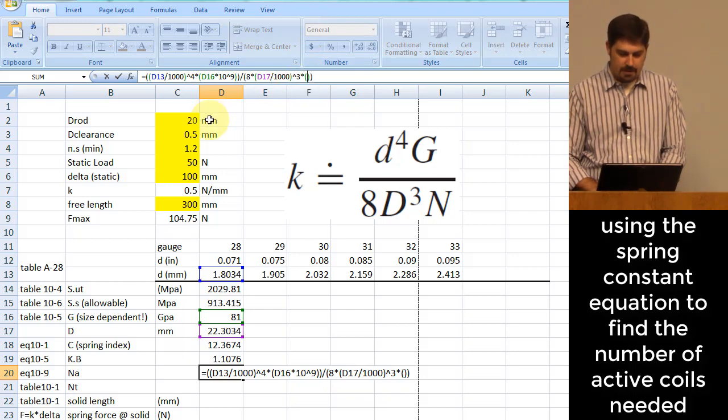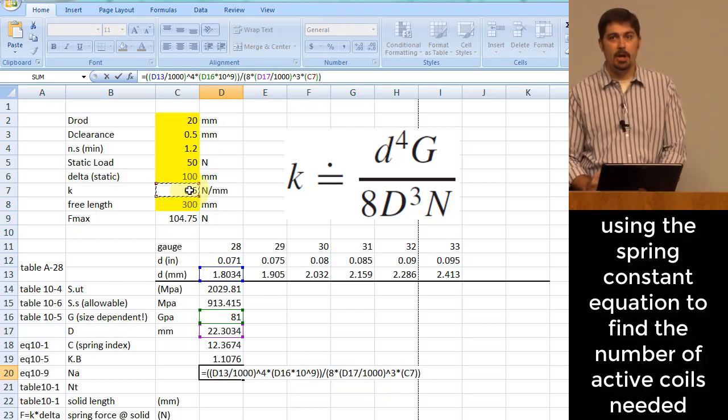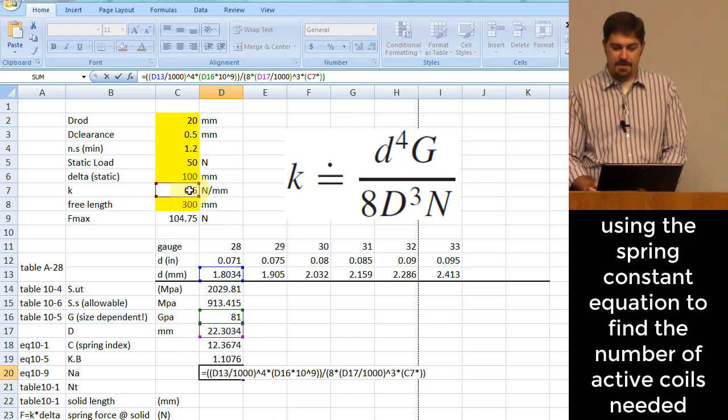If it takes half a newton to move a millimeter, how many newtons will it take to move a meter? Probably 500, right? So that's one way of convincing yourself that it's probably correct to multiply by 1,000 here.